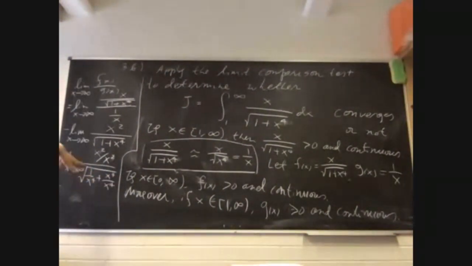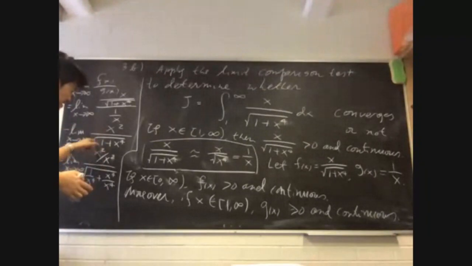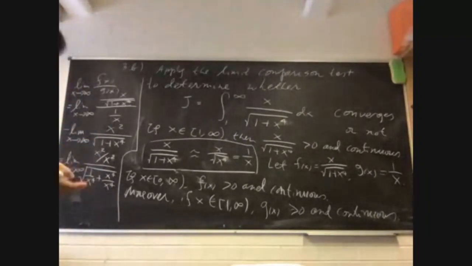The reason I have x to the 4th inside the square root is because I brought the 1 over x squared into the square root. So I better square that if I want to bring it inside the square root. All right, so I see a lot of cancellations. So this is just 1, that's a 1. This is 1 over x to the 4th.